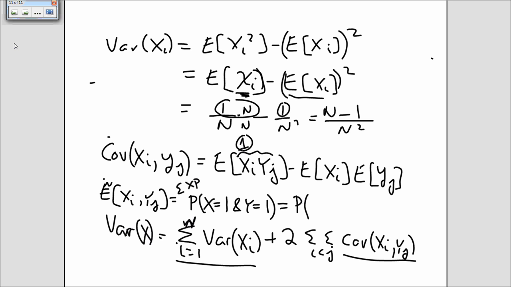This is the probability that Xi is 1 and Xj is 1. This is the probability that Xj equals 1, given that Xi equals 1, times the probability that Xi equals 1. And unfortunately, I need to erase this bottom.